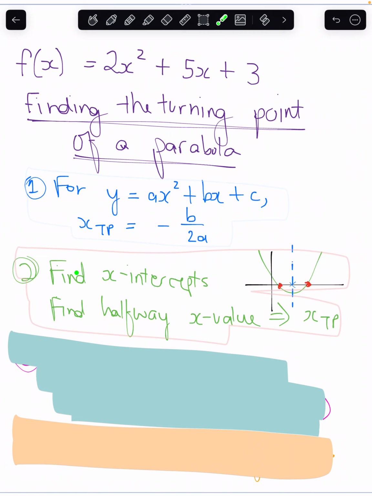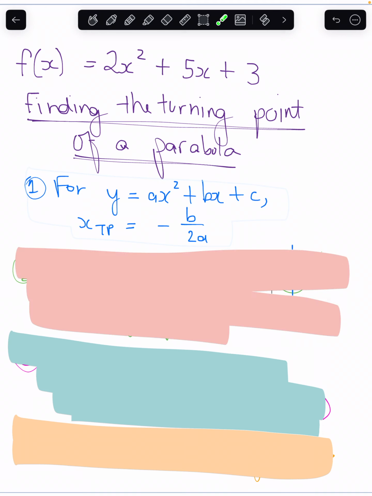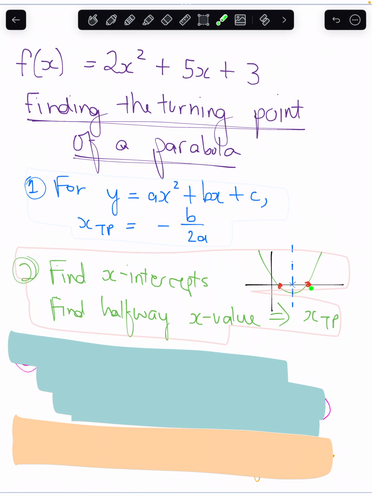Number 2, you could find the x-intercepts, or maybe sometimes they'll be given to you. If you have the x-intercepts, you can find the x value that is halfway between them. So if your x-intercept is 1 and your other x-intercept is 5, right in the middle of 1 and 5 is 3.